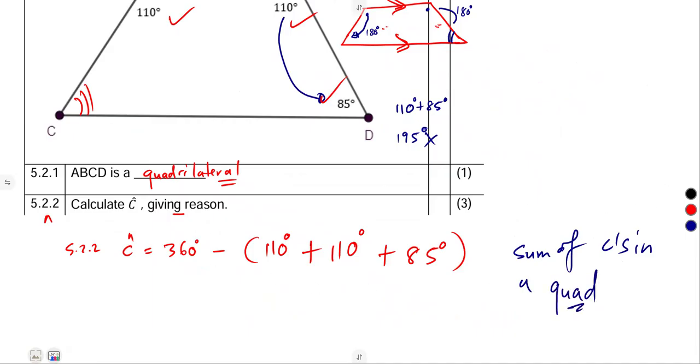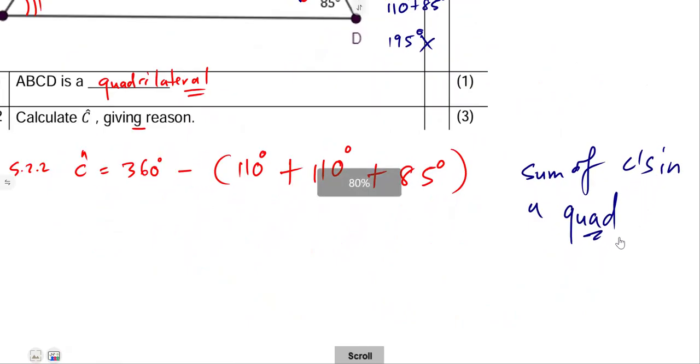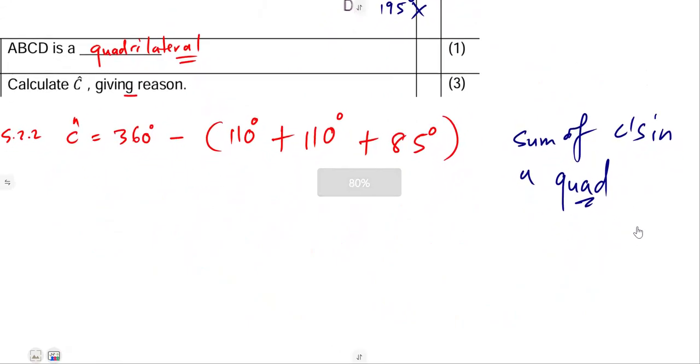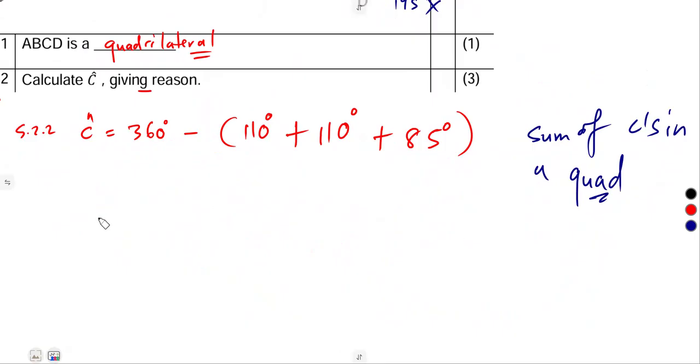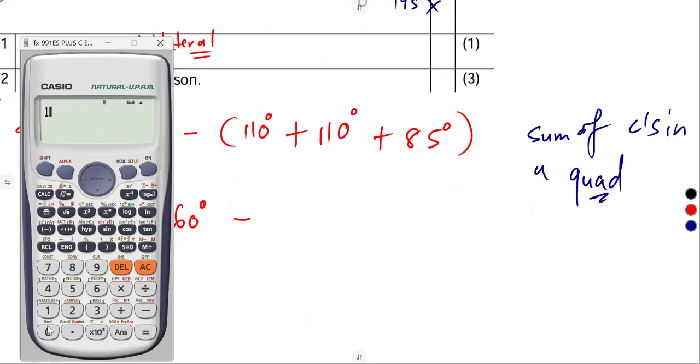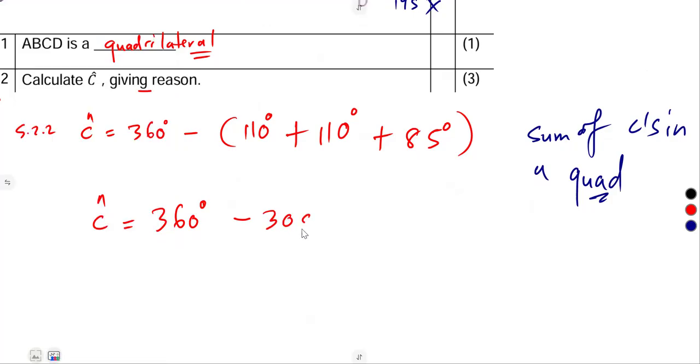So that's it. We have formed an equation. Let's solve for angle C. Angle C is going to be 360 degrees minus the sum of these three. 110 plus 110 plus 85 is 305 degrees.